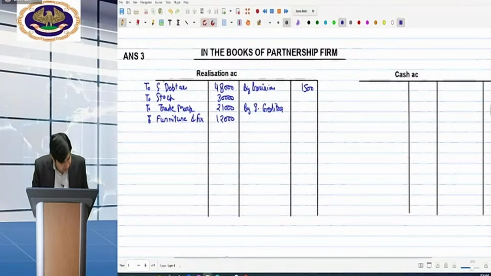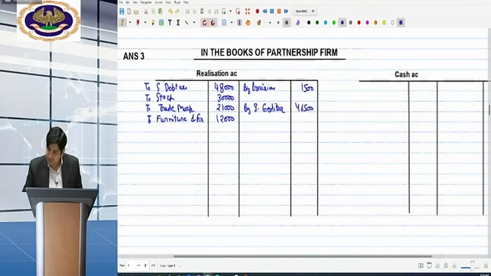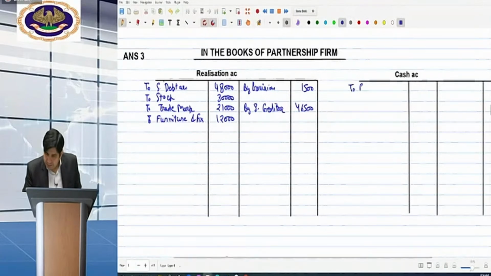Sundry creditors, those are 46,500. Next one, cash and bank kept separately.